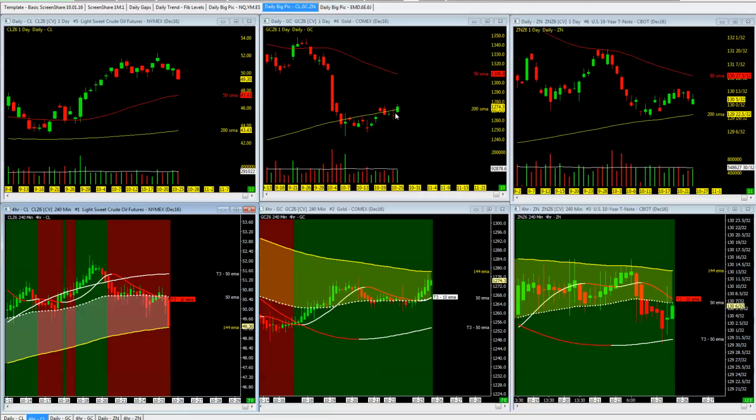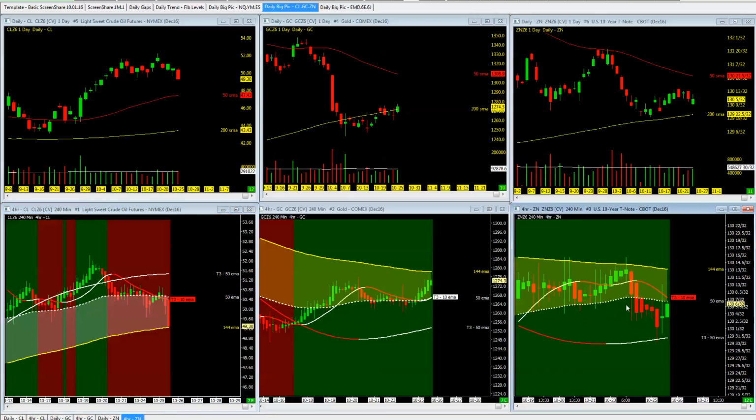We know gold could do some pullbacks, which then would eventually pull back once again to these key moving averages. But I still got to go with the downtrend on gold, and on the bonds I got to go with the downtrend as well. But I found support here at the T350, which looks good. But remember, we're still seeing between the 50 and the 200 on the daily. So downtrend on the bonds, downtrend on the gold.